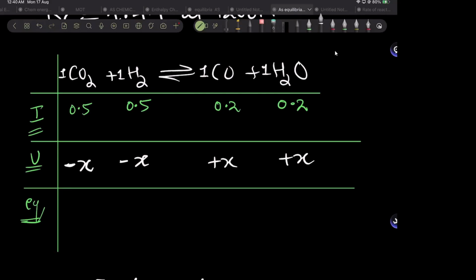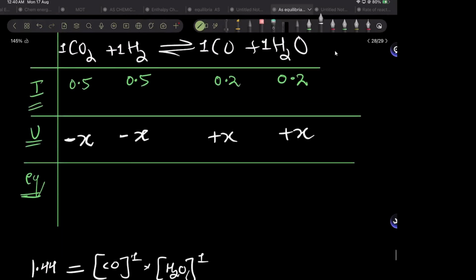All right. So now do I know the expressions at least of the moles that will be present at equilibrium? At equilibrium, carbon dioxide would be 0.5 minus whatever moles were removed, so 0.5 minus X. What would be the moles of H2? They would also be 0.5 minus X. This is the expression for the moles left at equilibrium: the initial minus the used moles.